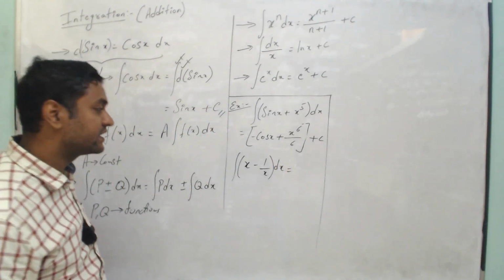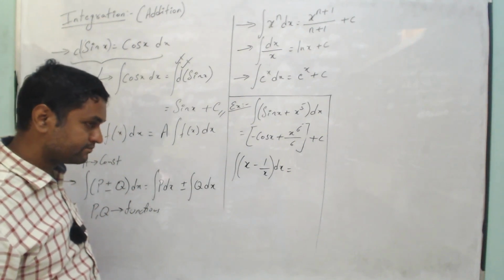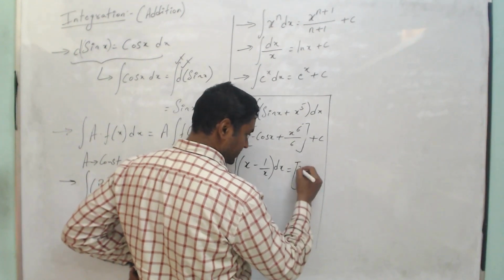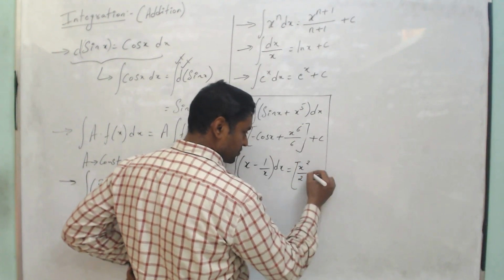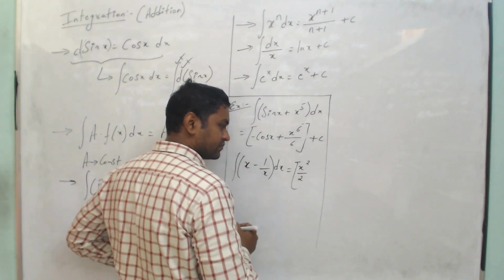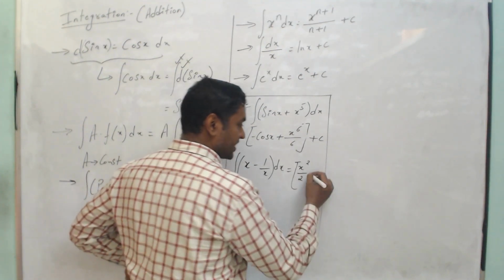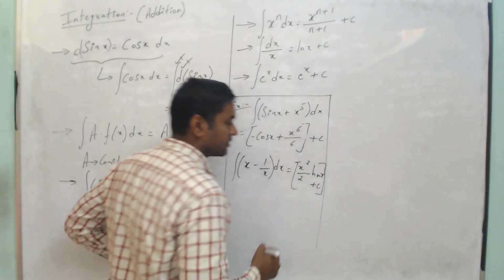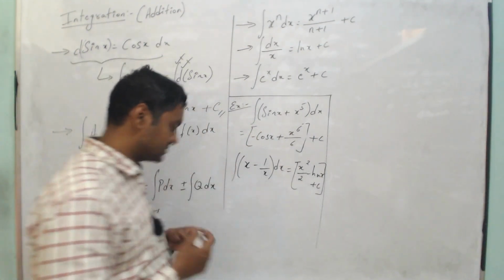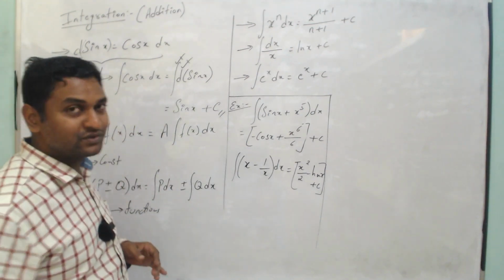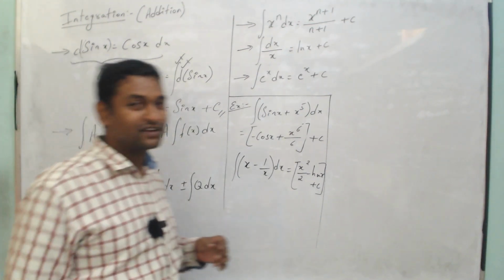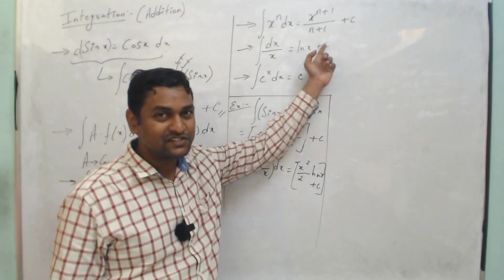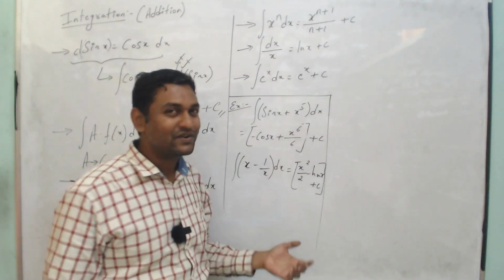What will I get as the answer? x square by 2 minus ln x plus a constant. You could take 1 by x as x power minus 1, but then in the denominator you get minus 1 plus 1, which is 0, not defined.